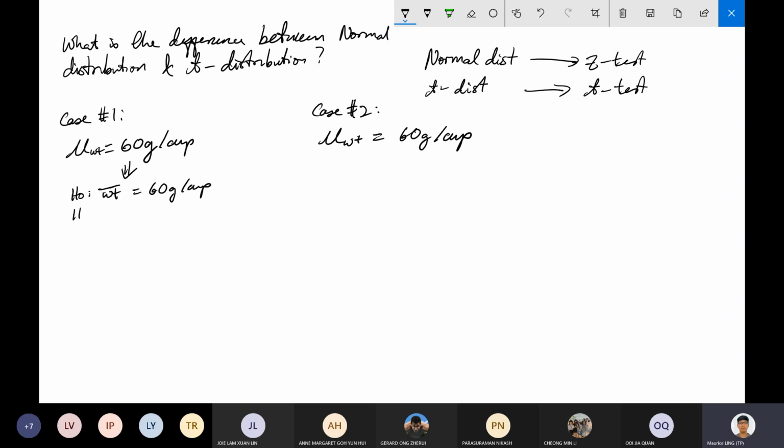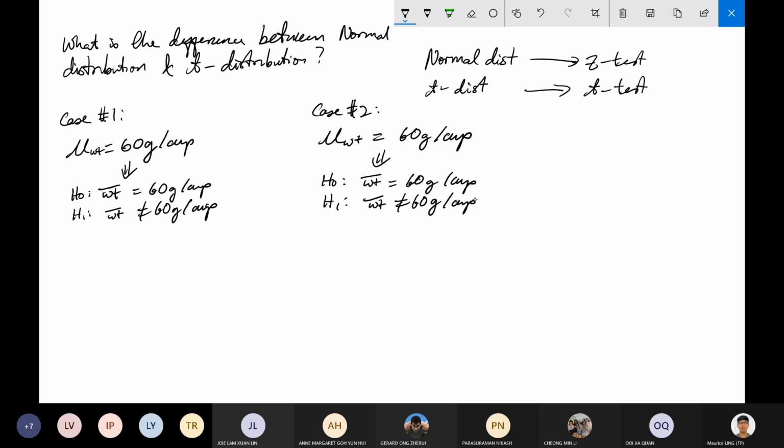Alternate hypothesis is weight not equal to 60 grams per cup. Same thing here, case 2 also the same. And then you decide all the alpha value, everything will be the same.